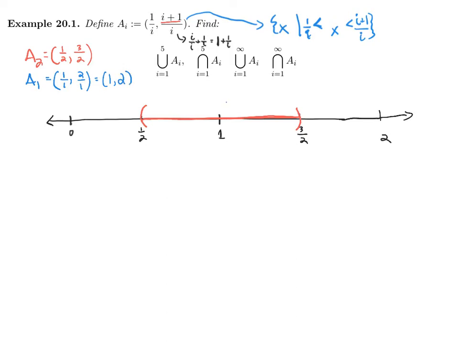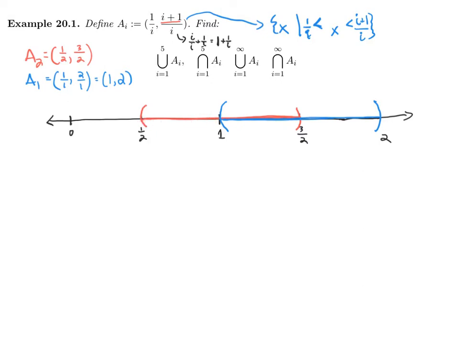So this interval here, this is A1. All the numbers between 1 and 2. Not including 1 and 2, but all the real numbers in here. A2 is all the real numbers between 1/2 and 3/2.